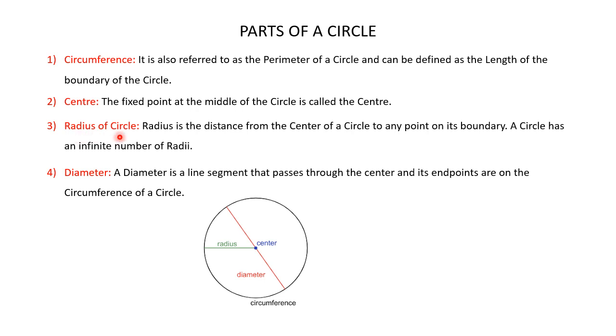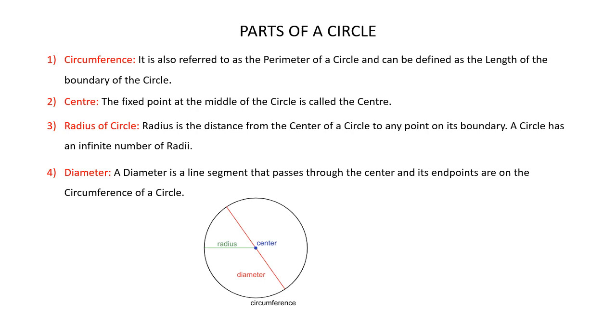Radius of the circle. Radius is the distance from the center of the circle to any point on its boundary. A circle has an infinite number of radii. So here in this diagram, this is the center of the circle.